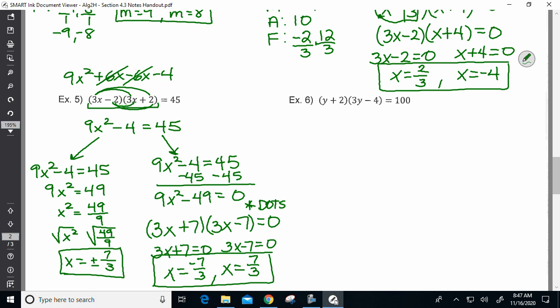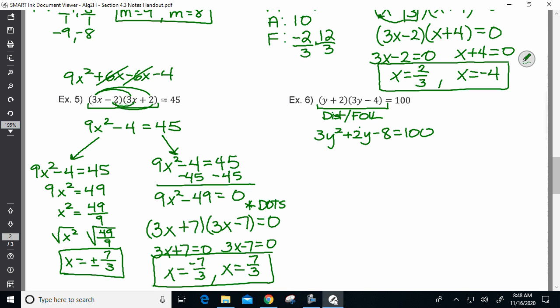So example 6, y plus 2, parentheses 3y minus 4. You still have to use the distributive property or FOIL, whichever one you prefer. By doing that, you get 3y squared plus 2y minus 8 equals 100. So again, that comes from performing FOIL. Now notice this time, you have a middle term in 2y.